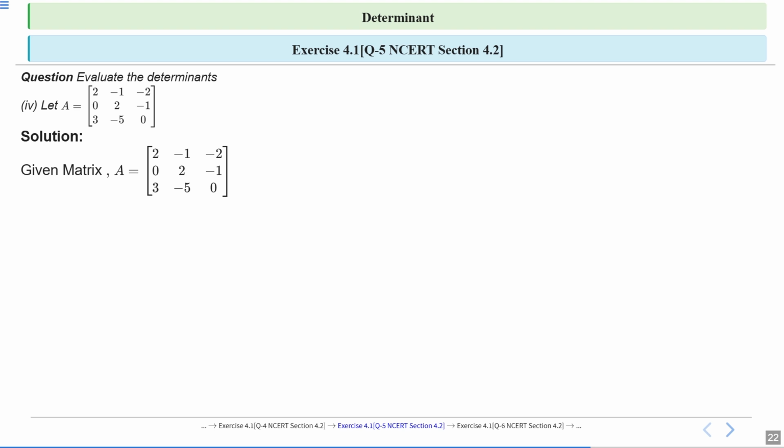The given matrix is 2, minus 1, minus 2, 0, 2, minus 1, 3, minus 5, 0. We need to find the determinant of the given matrix.